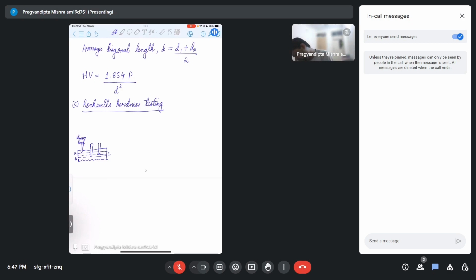That will give us the value of E. This will be major plus minor, and this will be major removed.